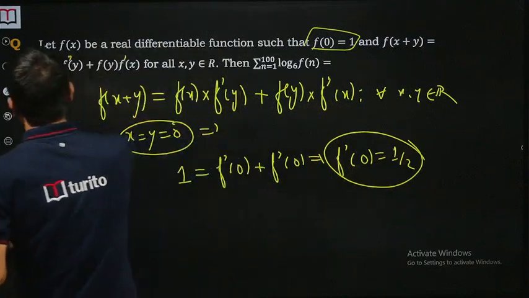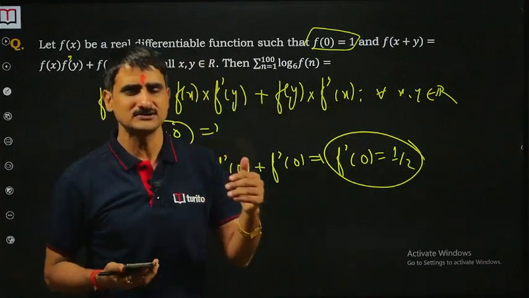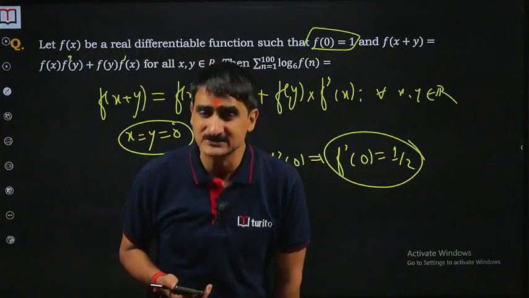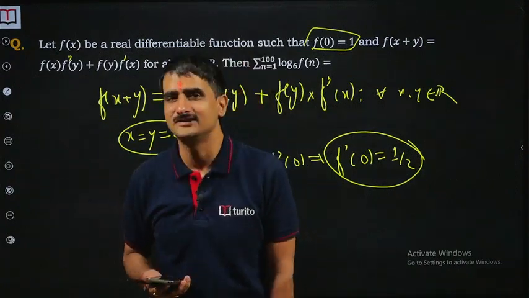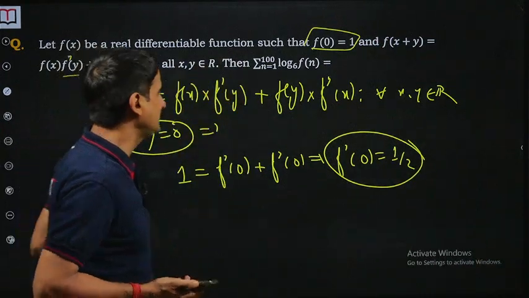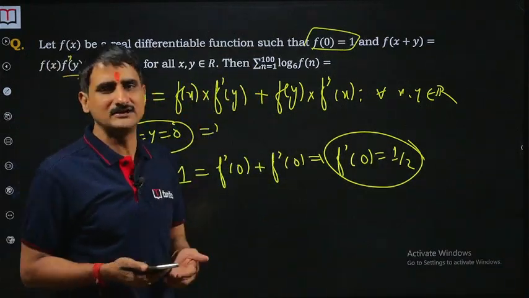That's one thing. Now see, what I normally suggest for questions based on functional relations is either to use the first principle of differentiation or to use partial differentiation. Since we already have derivative terms in the relation itself, my preference will obviously be partial differentiation.